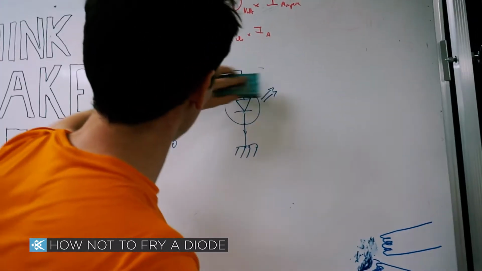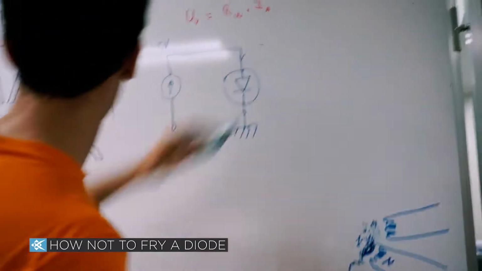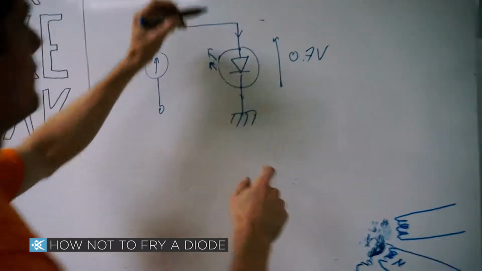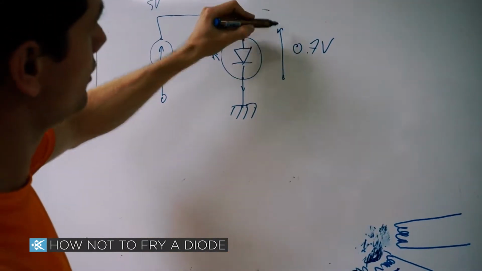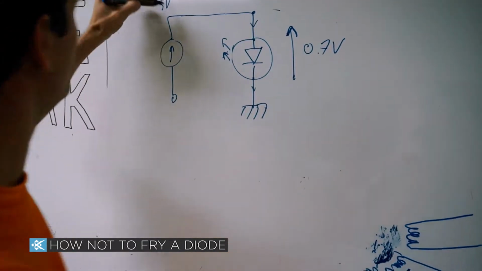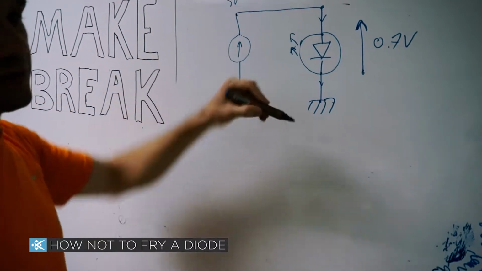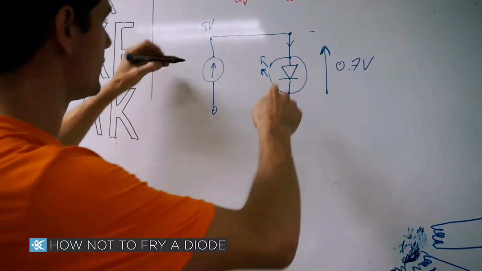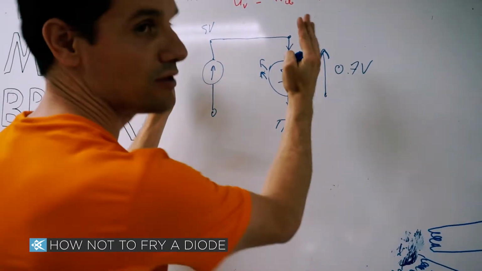They always try to keep that 0.7 volts there. So you understand the problem here: between that point and that point, you need to have 0.7 volts, but that guy here is giving you 5 volts, so there's a problem in the circuit, right? 0.7 is not equal to 5, because the tension is the same.